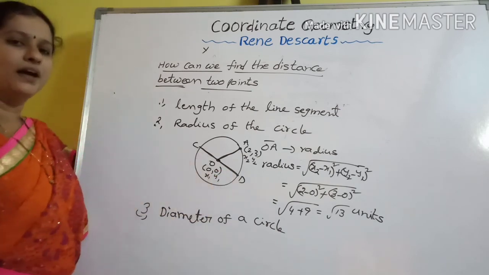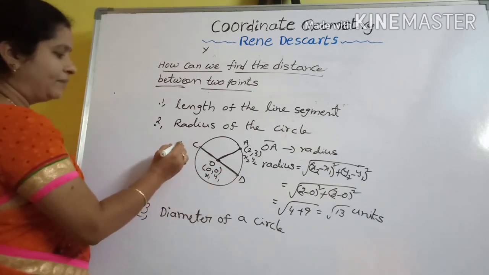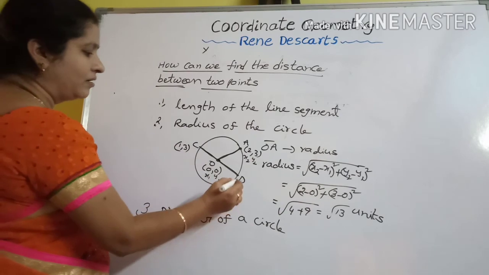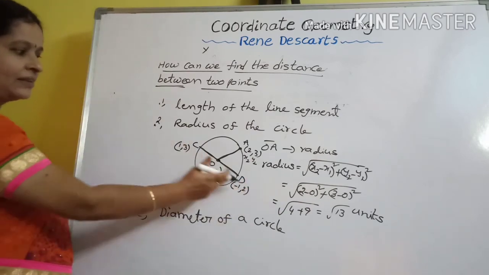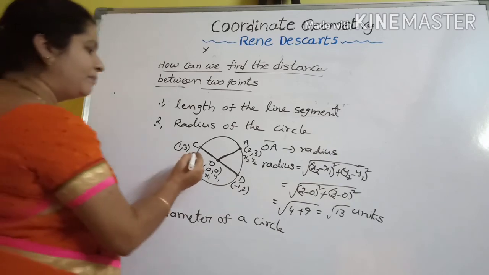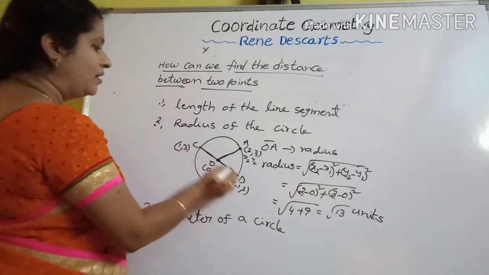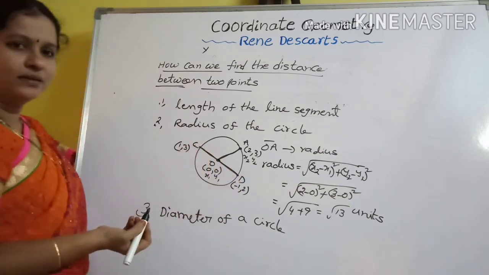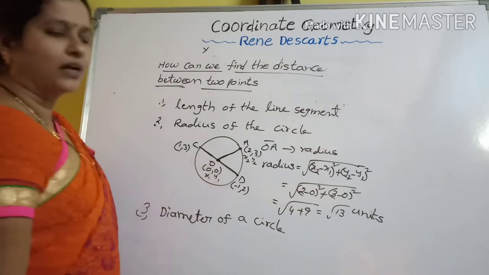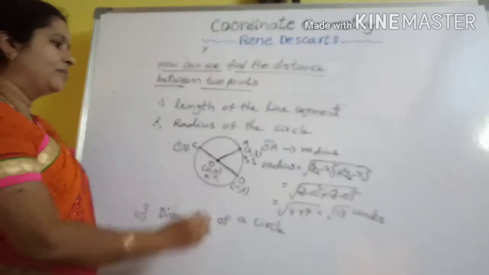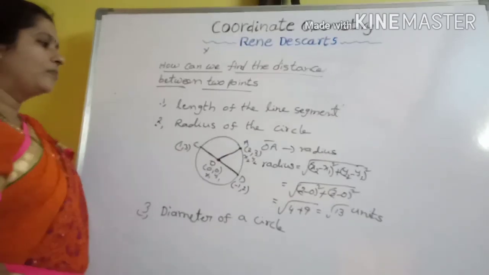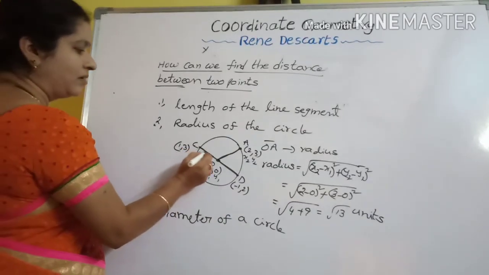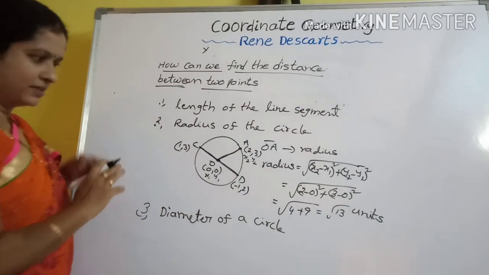Find the length of the diameter, let C be (1, 3) and D be (-4, 2). Simply you have to find the distance between C and D. It is nothing but the length of the diameter. So by using this formula, you can easily find so many applications of this distance.